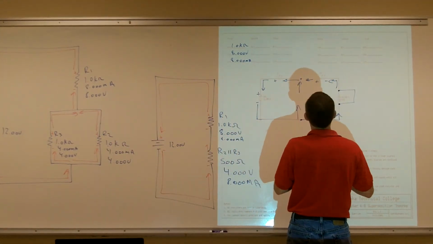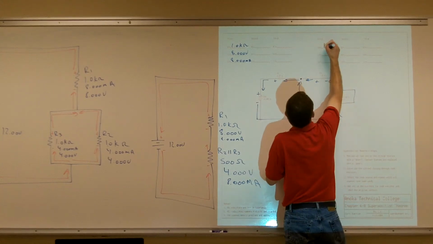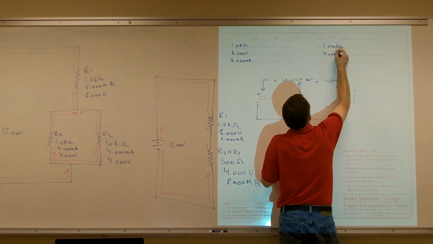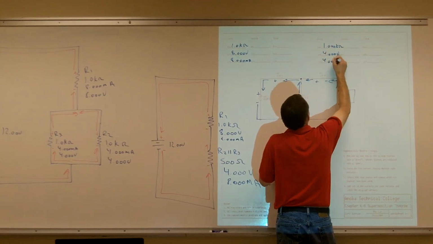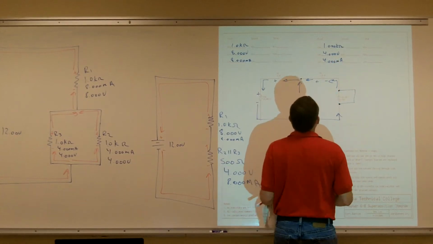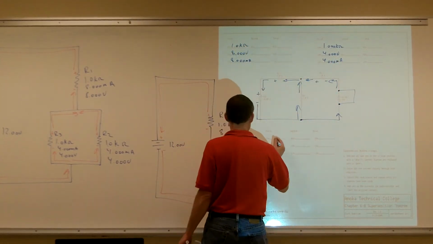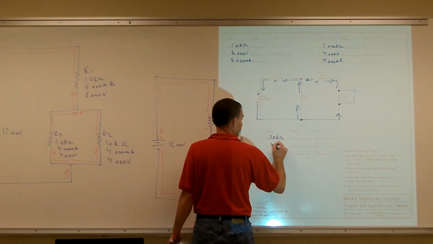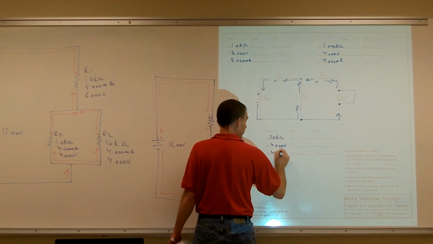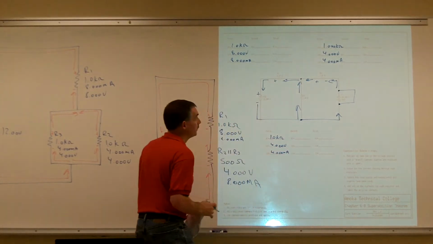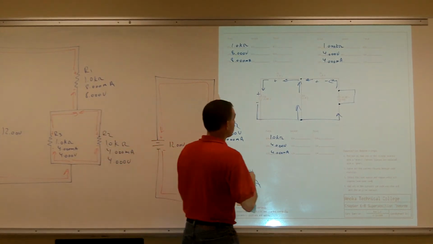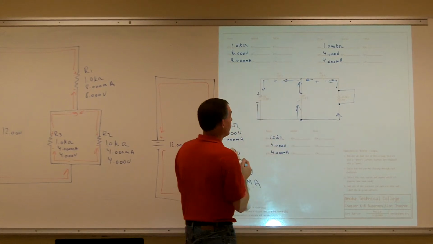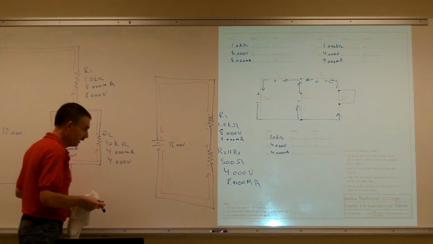We're trying to do the express version of the superposition. So R2 is 1 kilo ohm, 4 volts, 4 milliamps. And then R3 was here. That was 1 kilo ohm, 4 volts, and 4 milliamps. There we go. And we know that the current going through R3 is this way, and then R1, so we have all our currents for our first step.